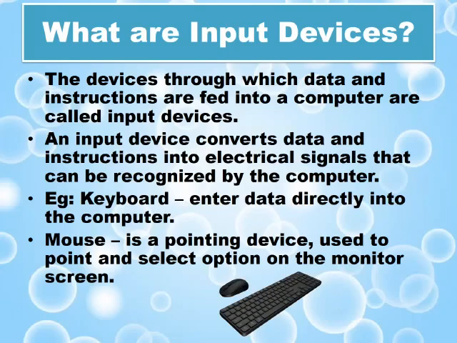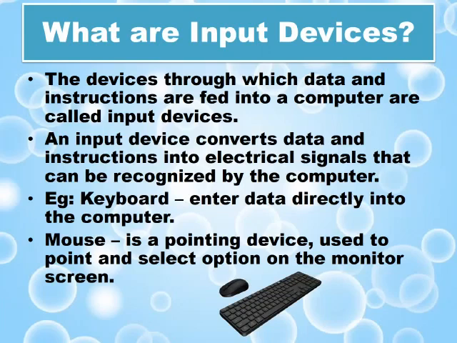An input device converts data and instructions into electrical signals that can be recognized by the computer. When I type letters like T, F, G on the keyboard, these alphabets are converted into electrical signals, and those signals are recognized by the computer.